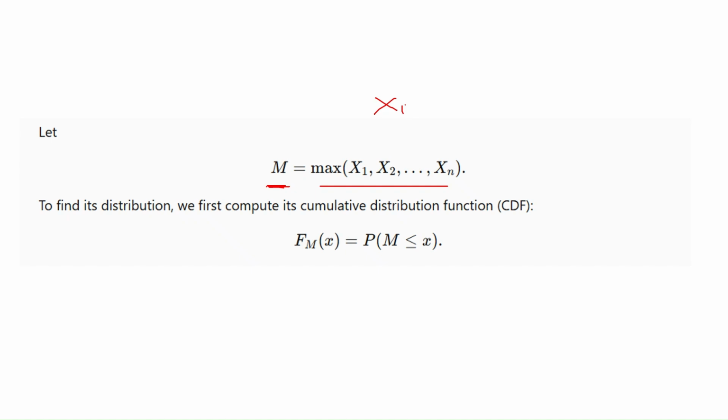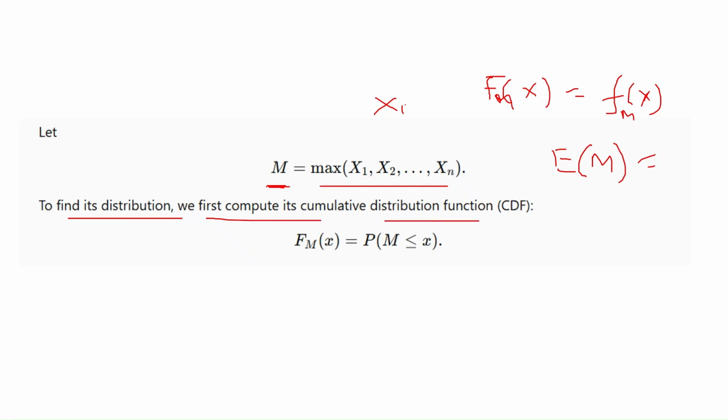What we'll do is we'll first find the CDF of M, and then we'll differentiate it to find the PDF of M, and then we'll find the expected value of M. So let's go ahead. To find the distribution, we first compute the CDF, denoted by capital F, of M, our random variable. This is the standard procedure for finding the PDF of a random variable. We define it as the probability that M is less than or equal to x.